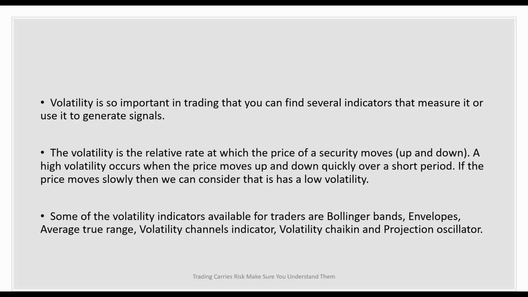Volatility is so important in trading that you can find several indicators that measure it to generate signals. The volatility is the relative rate at which the price of a security is moving up or down. A high volatility occurs when the price moves up or down quickly. So these include Bollinger Bands, envelopes, and projection oscillators.